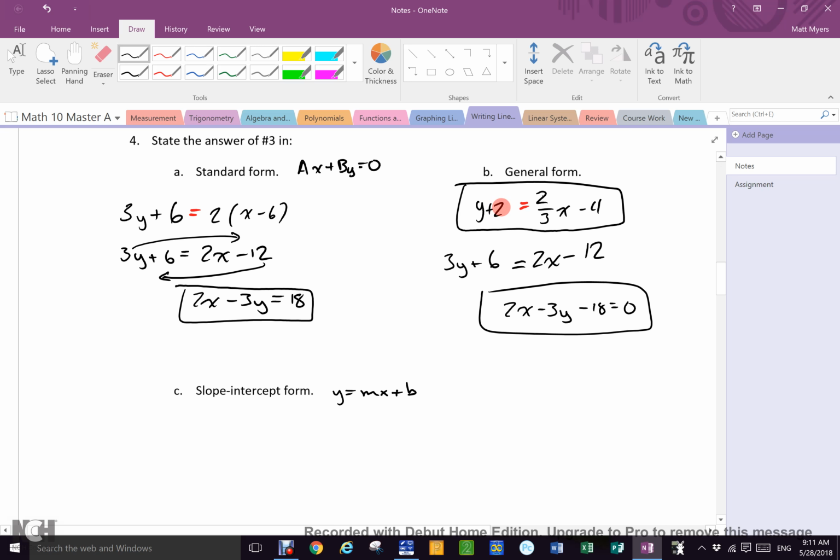Can't we get to y being by itself from one move there? What would it be? Bring that 2 over, right? And it would be y equals 2/3 x minus 6. Is everybody good? Does it matter which direction you choose at the beginning? No.